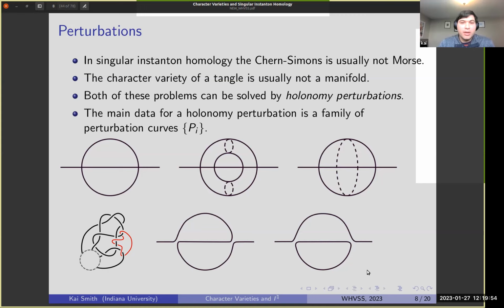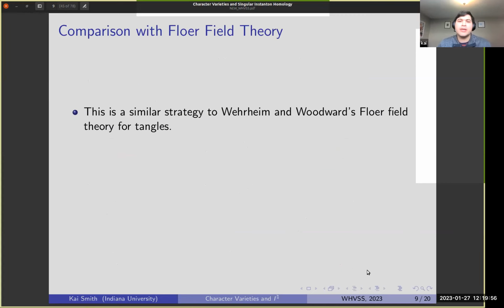Another thing I wanted to mention was the similarity of this strategy of Hedden, Herald, and Kirk with a different approach by Wehrheim and Woodward, which they call their Floer field theory for tangles.